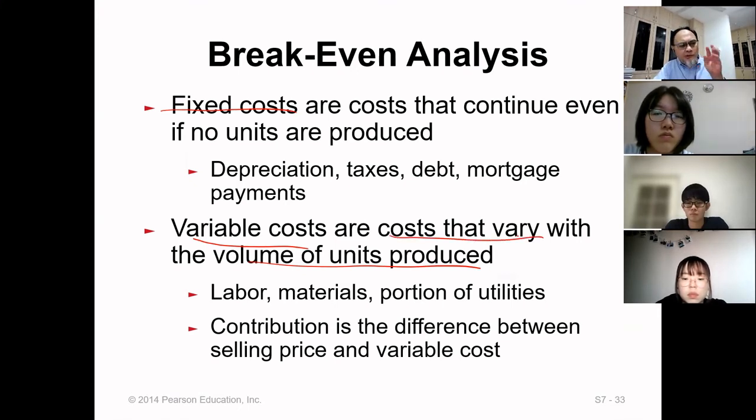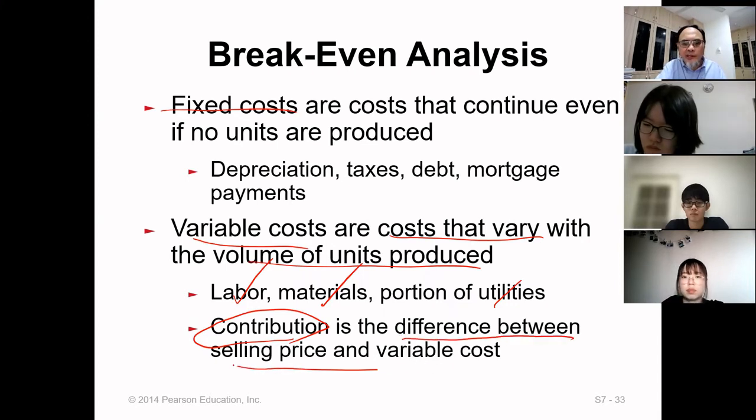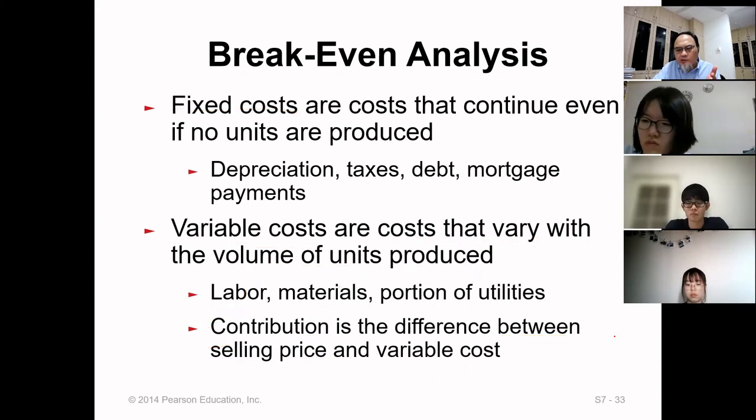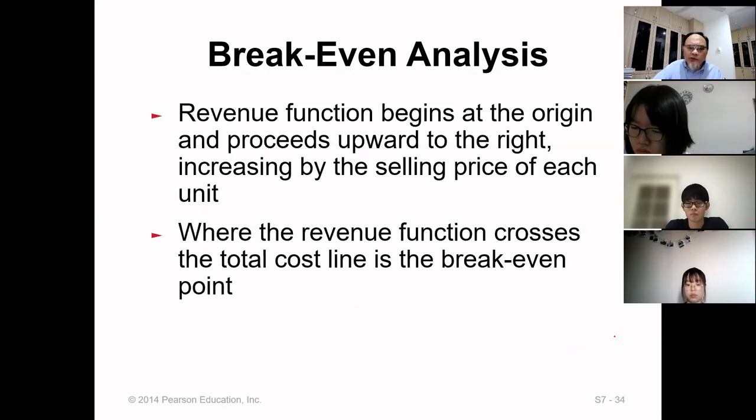For example, if I produce 1 unit, I have material, labor, and utilities like electricity and water. The contribution for the units you sell or produce is the difference between selling price and variable cost. Every unit's selling price minus variable cost is the contribution, not to revenue, but toward the fixed cost. Now revenue is income.